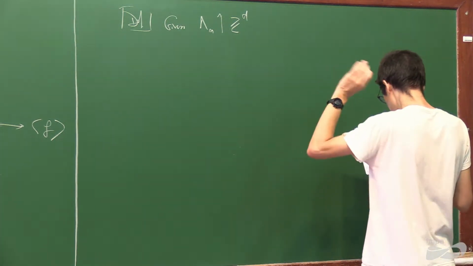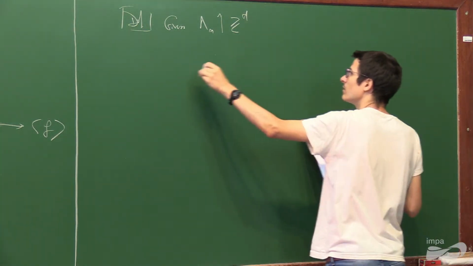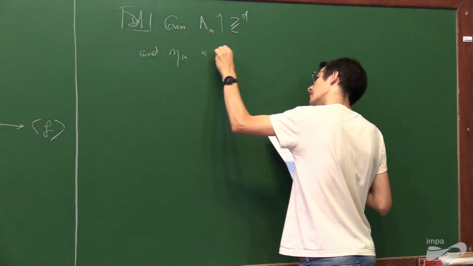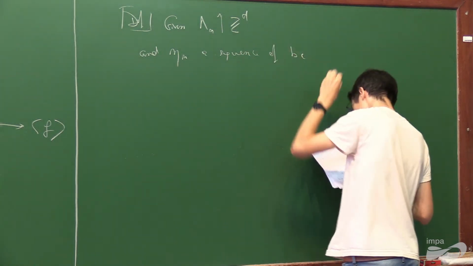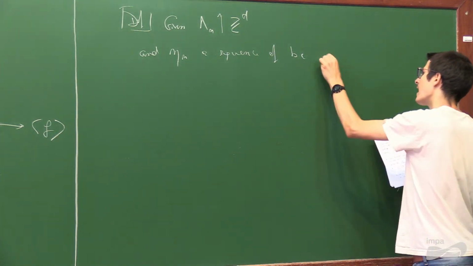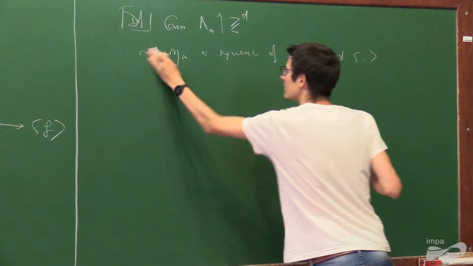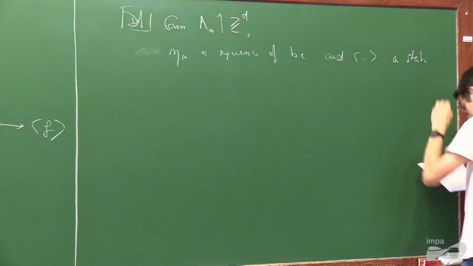Now I'm going to define Gibbs states. Let eta n be a sequence of boundary conditions, and let the bracket be a state.